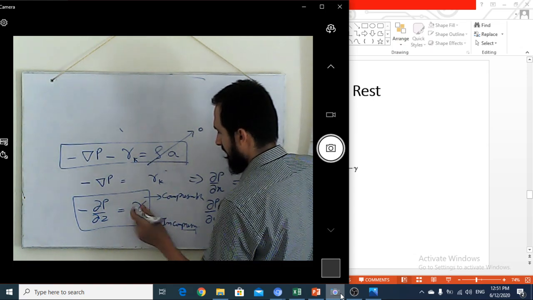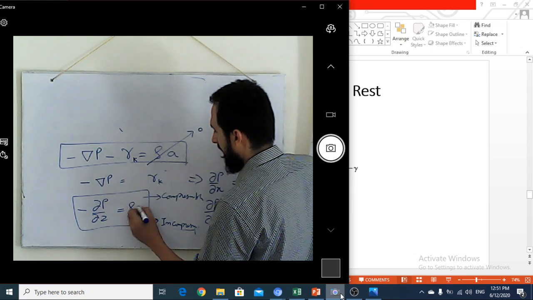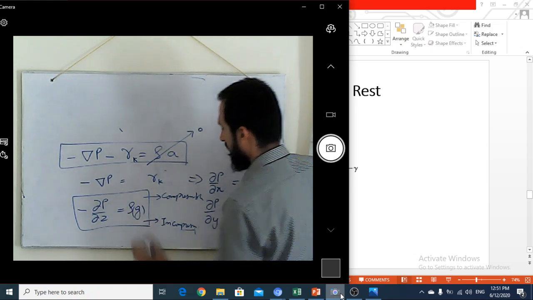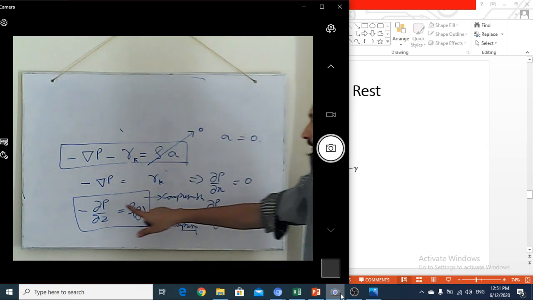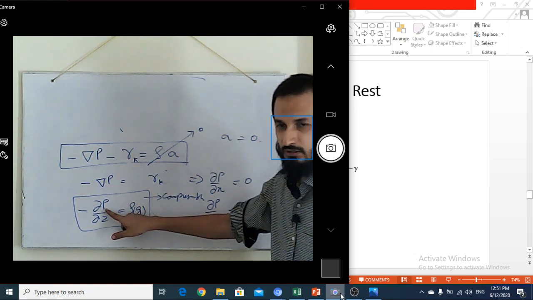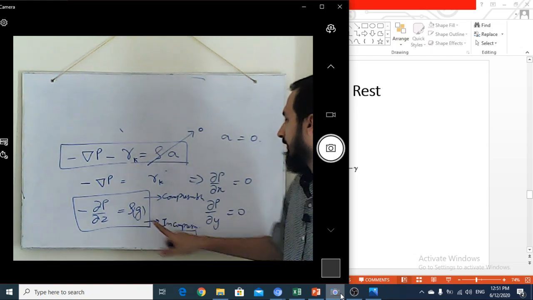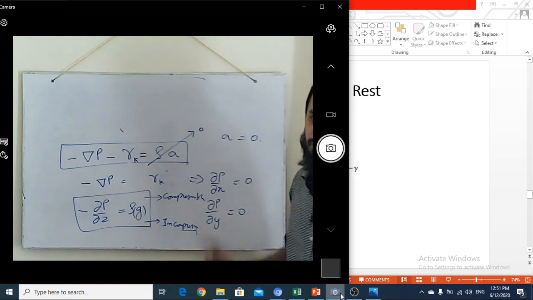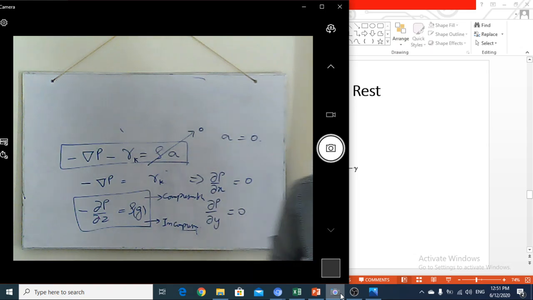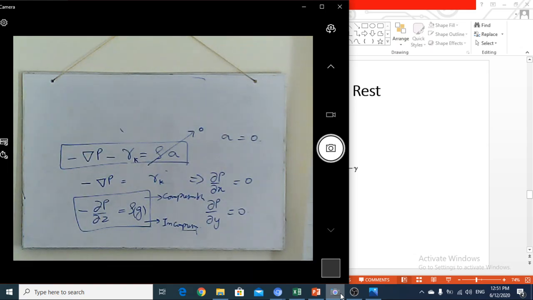because this specific weight is equals to rho into g. g is although constant, but for compressible fluid, with the change in the pressure, the density changes. For incompressible fluid, the density won't change. So you have two consequences here. So we will derive the equation first for compressible fluid.